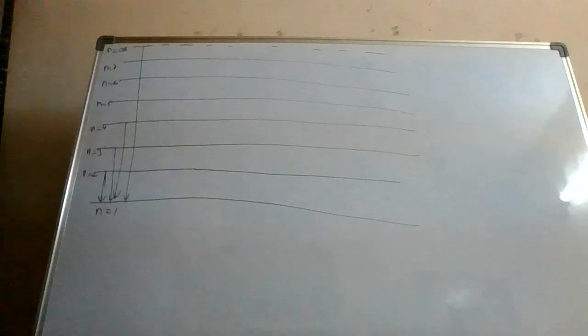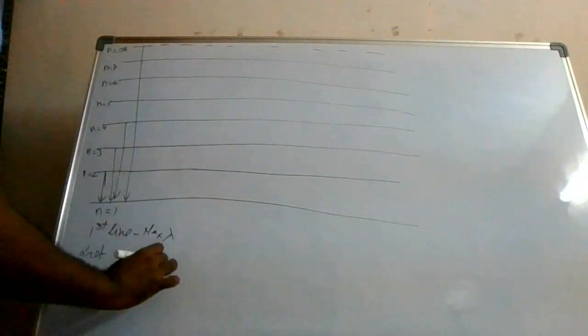For the last line, you get the minimum wavelength. So for the first line, you get the maximum wavelength, and for the last line, the minimum wavelength.